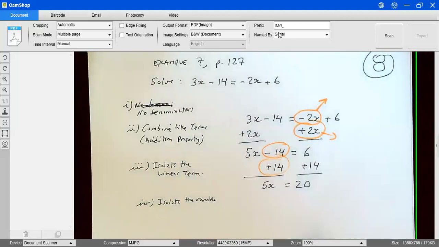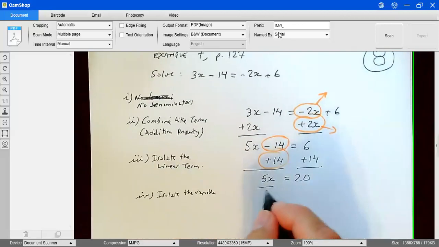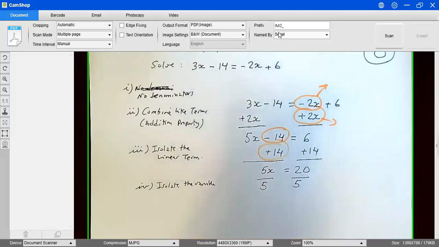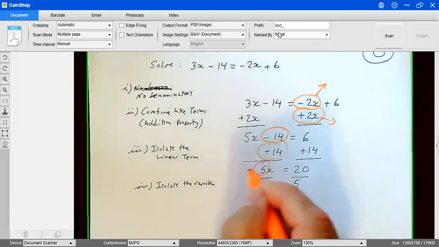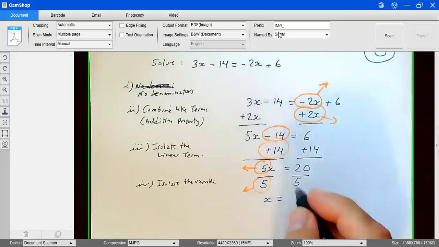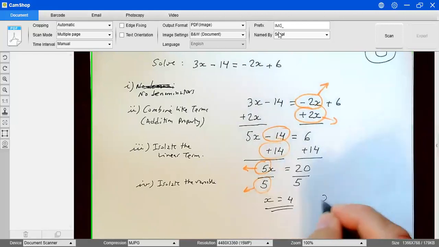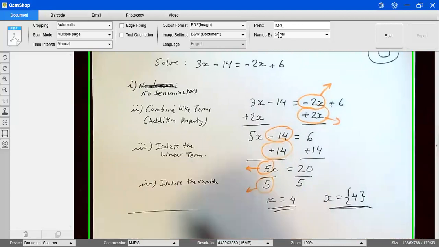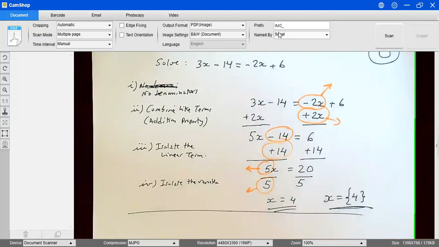We use the multiplication property, so we divide by 5 both sides of the equation. Now you get rid of this 5, and you end up with only x equals 20 divided by 5, which is 4. You're going to check this, and prove that this is the solution for this problem.